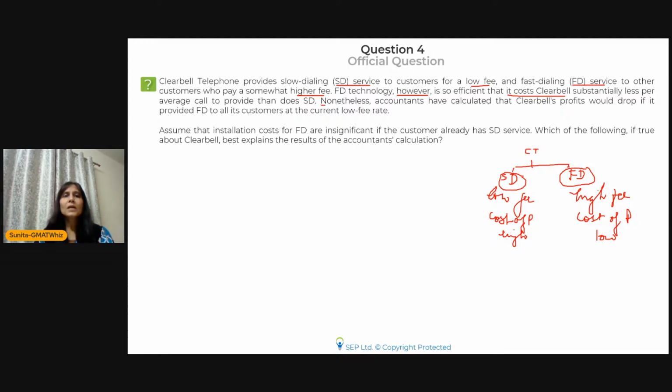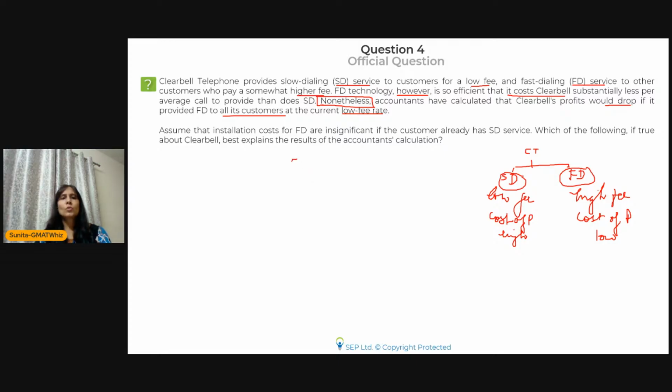Nonetheless, this is where we are going to encounter the paradox. Accountants have calculated that Clearbell's profits would drop. Now, please keep in mind, a drop of profit does not mean loss. It simply means whatever profit you were making earlier, you are now going to make a lower profit, if it provided FD to all its customers at the low fee.